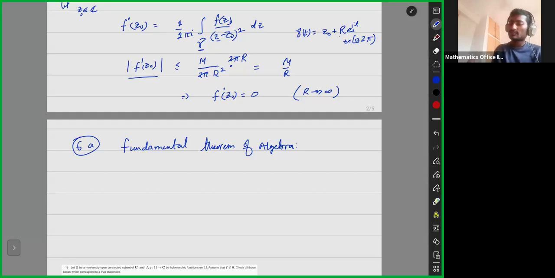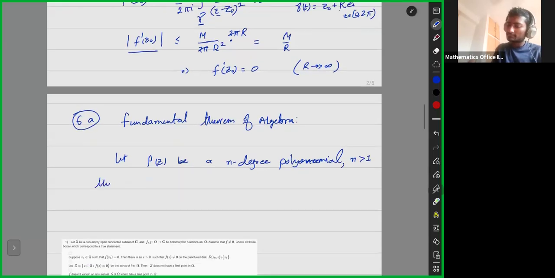Okay, so what is the idea of the proof? Let p of z be a polynomial of degree n, n bigger than 1.